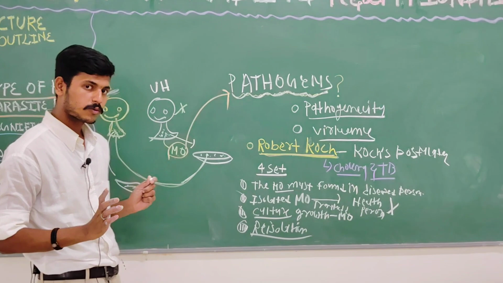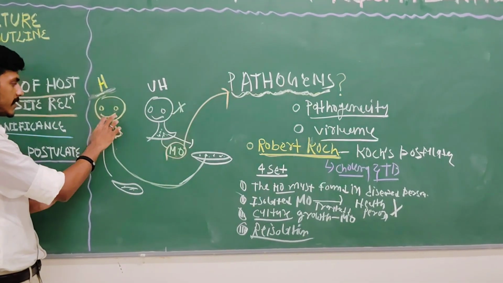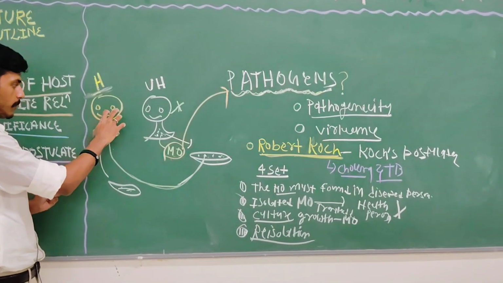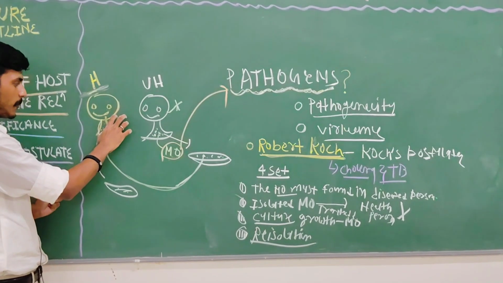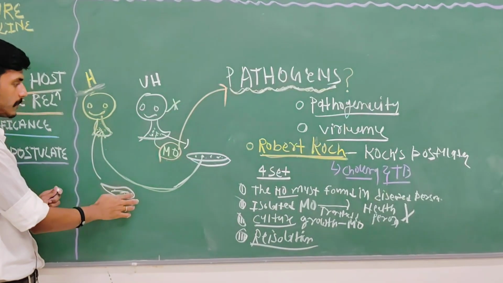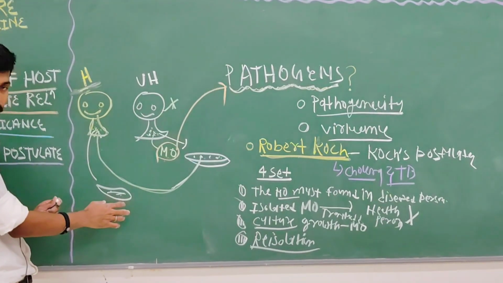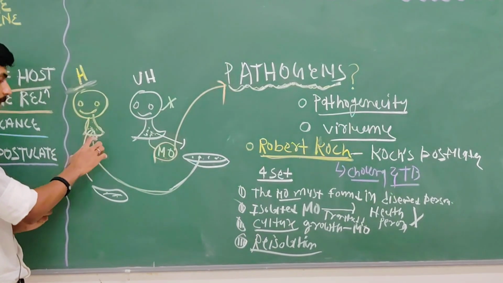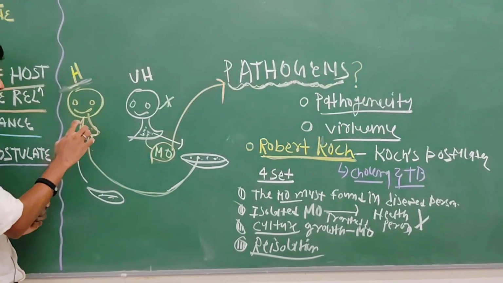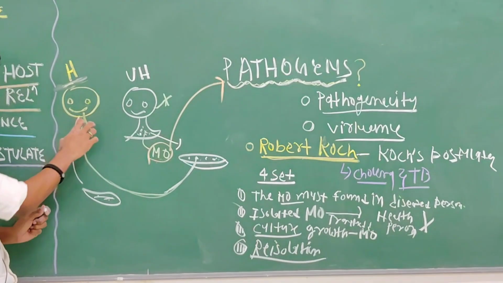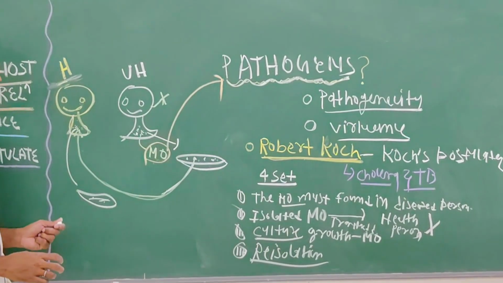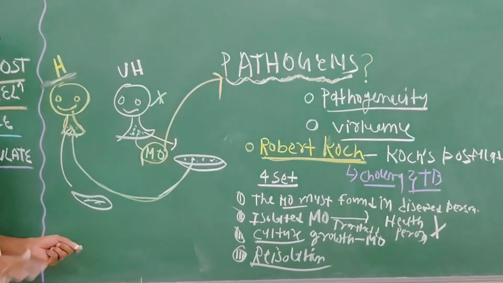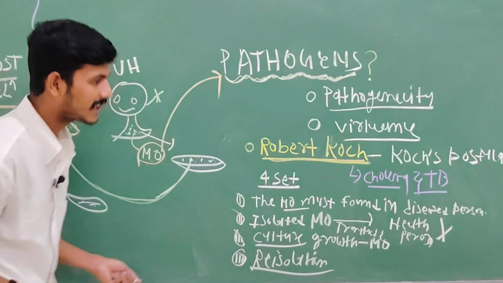The fourth postulate says the last criterion which really confirms that this microorganism is pathogenic in nature is when we re-isolate this organism from this healthy person. Got the points? Yeah, but there are challenges.